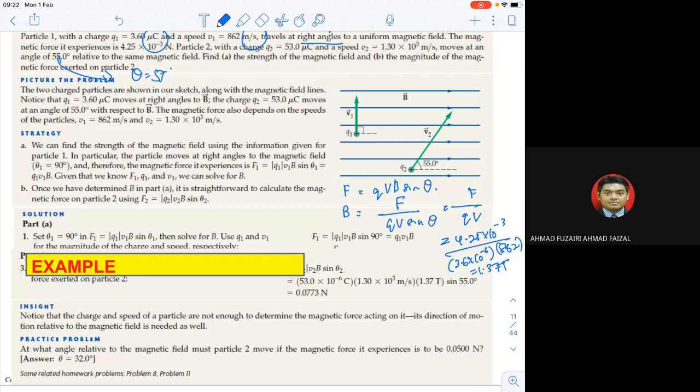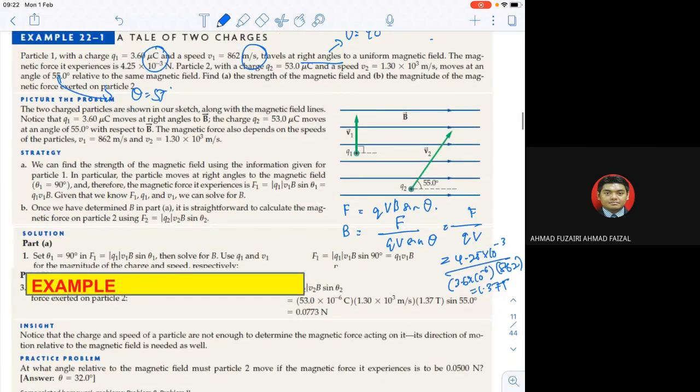Okay, and for the second part, the magnitude of the magnetic force exerted on the particle. Remember, both charges fall in the same magnetic field, so we can use the answer from part A in part B because they use the same magnetic field.